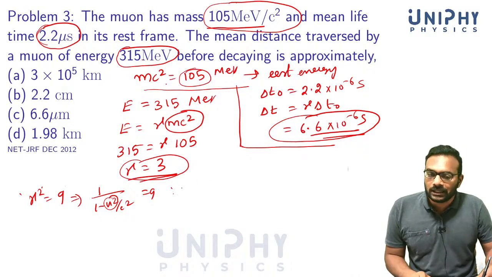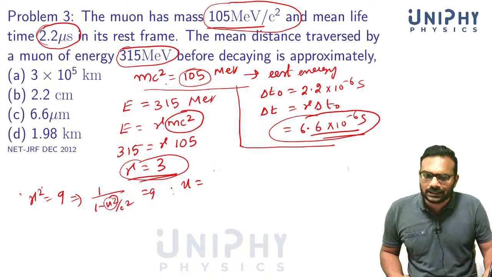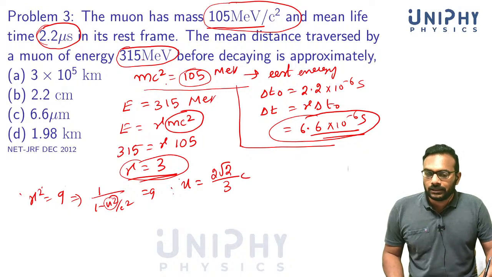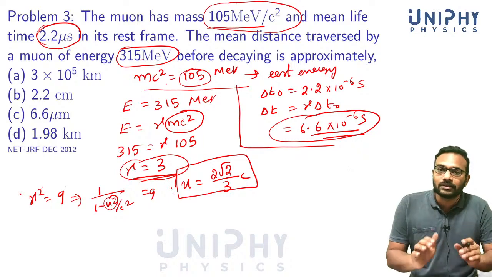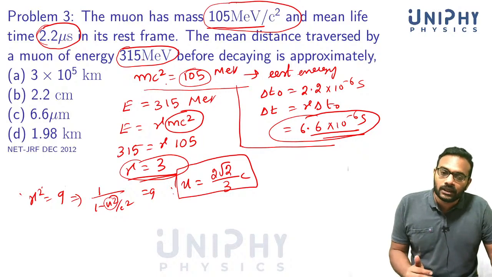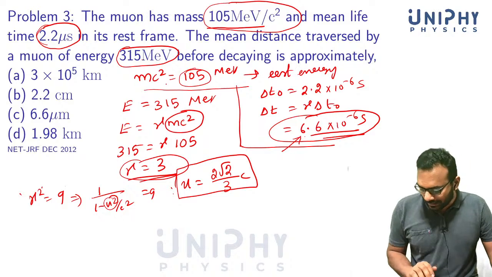You just invert this and solve, and you get u as 2 root 2 divided by 3 c. This is the speed of the muon. Now you are looking at a muon traveling at this speed, and from our frame this particle has a lifetime delta t equal to 6.6 into 10 raised to minus 6 seconds.